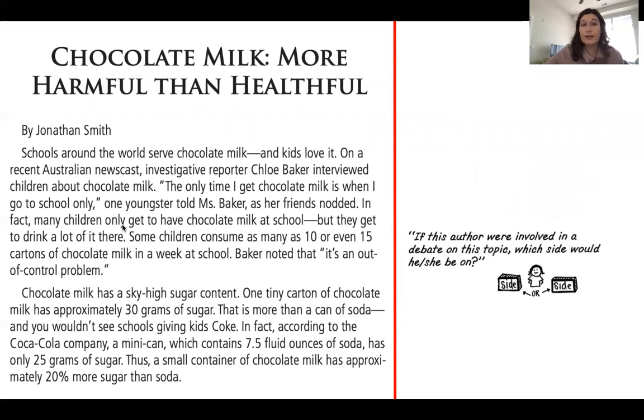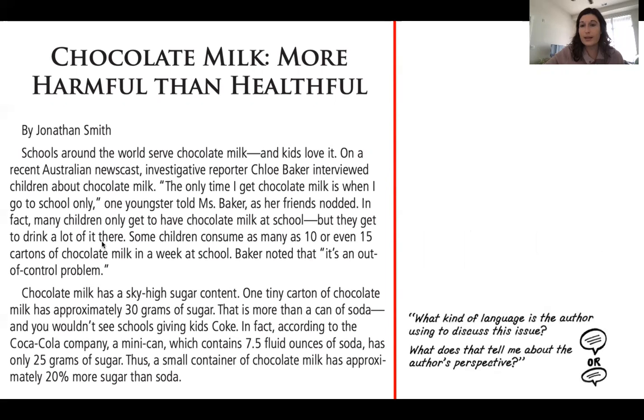If this author, Jonathan Smith, were involved in a debate on this topic, which side would he be on? Would he be supporting chocolate milk in schools, or would he be against chocolate milk in schools? Pause the video. And the last question, what kind of language is the author using to discuss this issue?